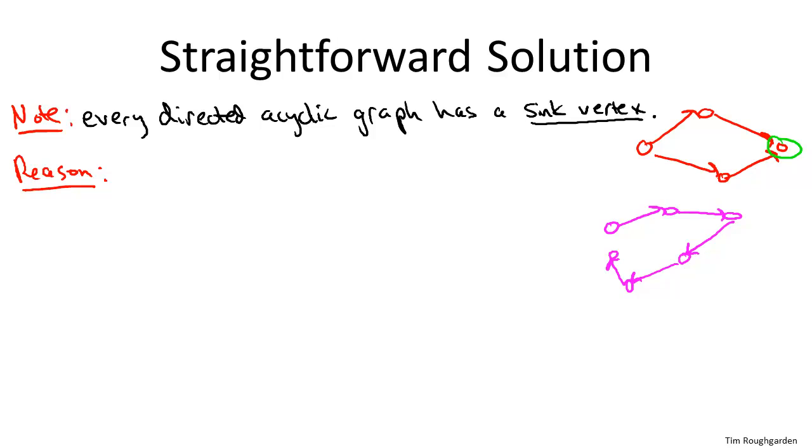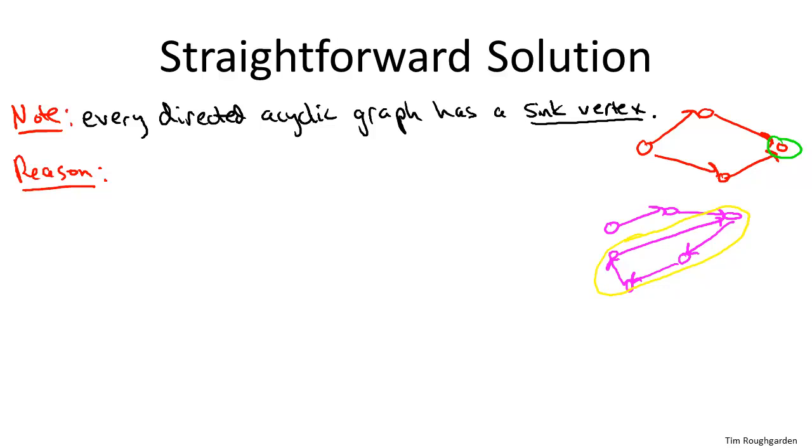Well, what have we done? By tracing these outgoing arcs and repeating a vertex, we have exhibited a directed cycle. And that's exactly what we're assuming doesn't exist. We're talking about directed acyclic graphs. So put differently, we just proved that a graph with no sink vertex has to have a directed cycle. So a directed acyclic graph, therefore, has to have at least one sink vertex.